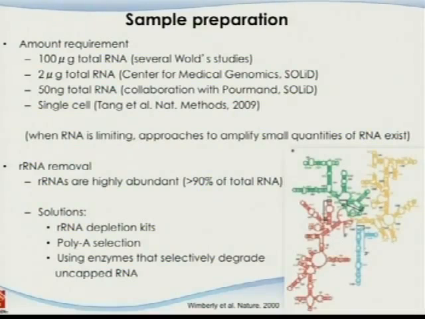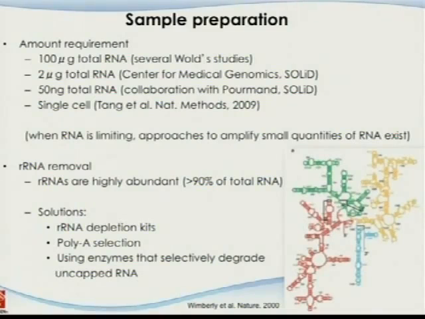There are a couple of ways to do the RNA ribosome removal. The first one is ribosome depletion. There are multiple kits, like Ribominus and things like that, which is very good. Another way is to do poly A selection, because we know that all messenger RNAs, including a certain level of long non-coding RNAs, are polyadenylated.